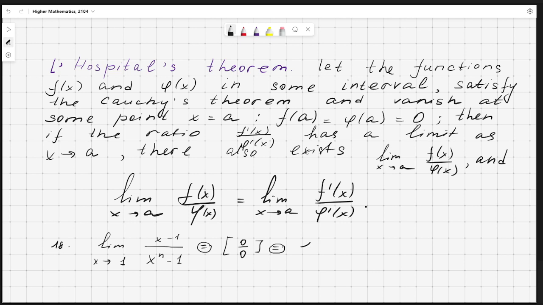In this case, we can find derivative of numerator over derivative of denominator.